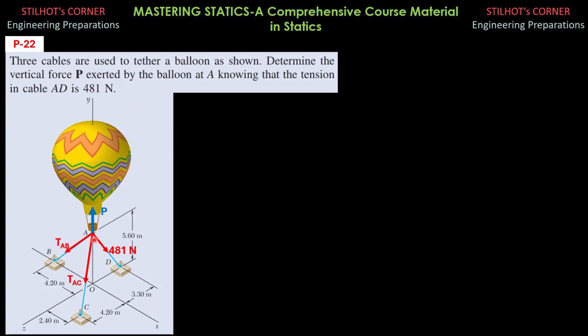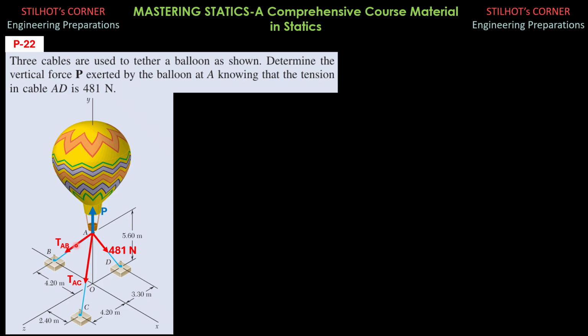So let's express tension AB in vector form, tension AC in vector form, and the tension in AD with magnitude 481 newtons in vector form also. Vector P, which is upward, is equal to magnitude of P times J. And we expect that it is upward because these tensions are going down at A. Remember, tensile forces are away from the point of application.